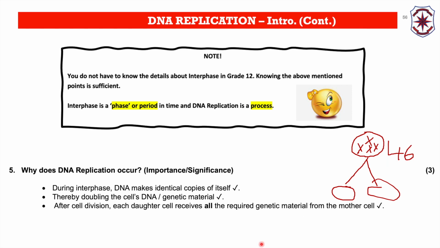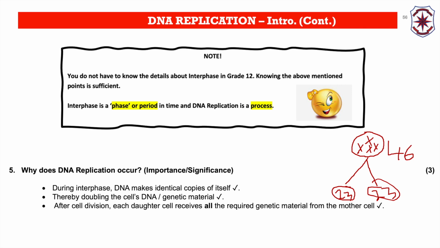Now, cell division is dividing the cell in half to form two cells that must be identical. Now think about it. If a cell that contains 46 chromosomes divides, we are going to have a situation where we have 23 chromosomes there, and 23 chromosomes there.